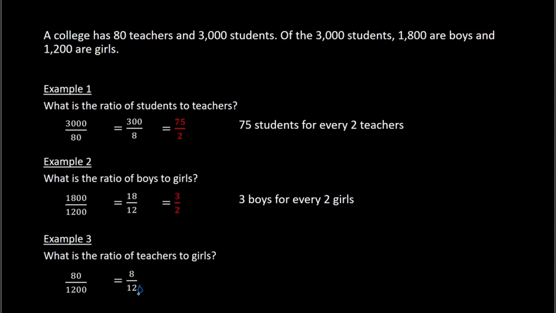And that's going to give me 2 over 30. Which can actually reduce further. Dividing the top and the bottom by 2, I get 1 over 15 as my ratio. So what that means is that for every 1 teacher, there are 15 girls.